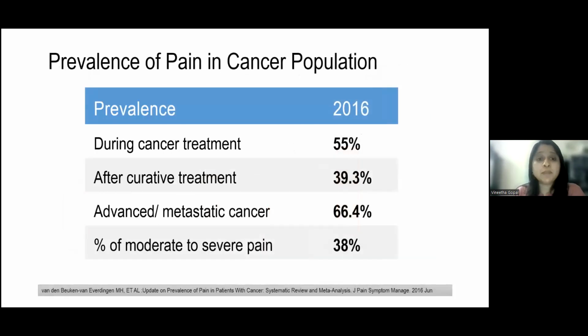Now, if you look at the prevalence, during cancer treatment it is around 55%. After curative treatment also, there is around 40%, because of surgery-related, chemo and radiation-related, non-cancer pain that may persist after the cancer treatment. So this is the prevalence. Again, the moderate to severe pain prevalence in all stages together is around 40%.